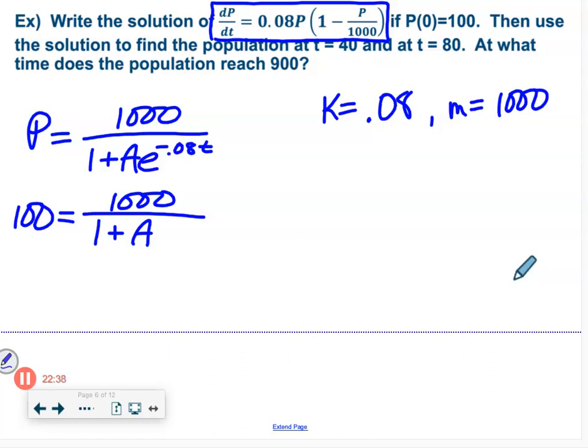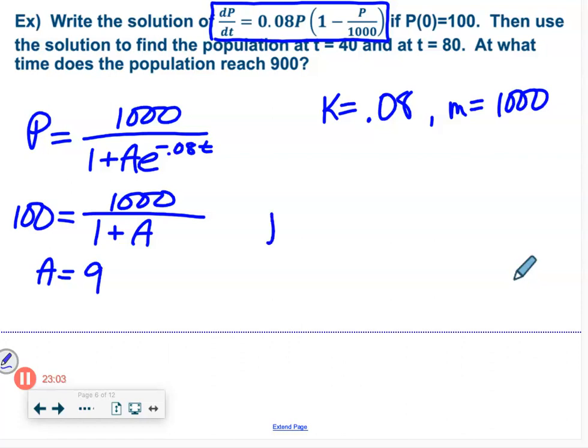So it's just 100 equals 1,000 over (1 plus A). See if you can find A. It shouldn't take you more than 5 seconds. I bet you could do it without a calculator. Tyler, did you already get it? It is 9. Good job.